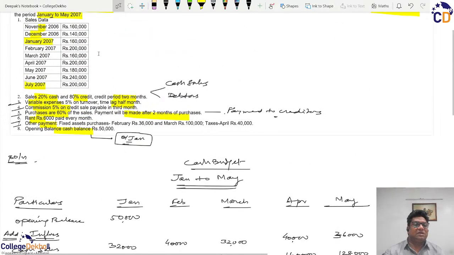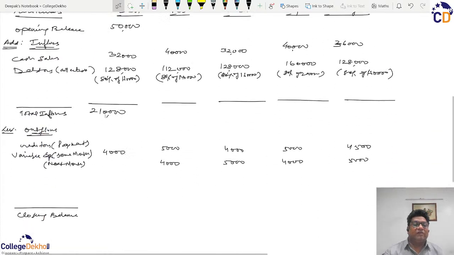Similarly, दिसंबर की सेल्स 140 का 5% that is 7,000, 3,500 आधा दिसंबर में पे हुआ होगा और बाकी 3,500 इस महीने पे हो जाएगा.